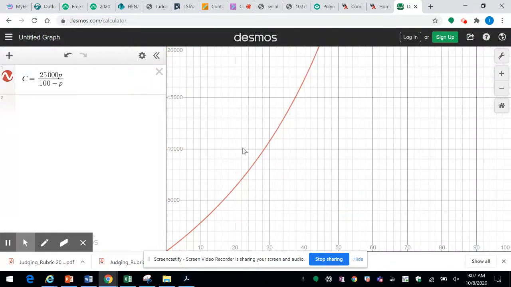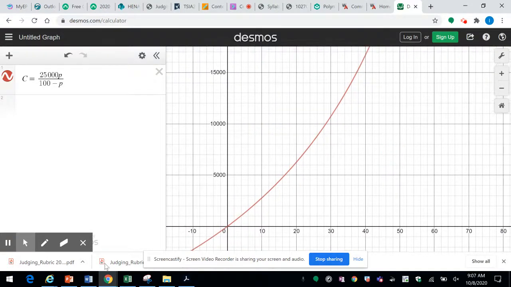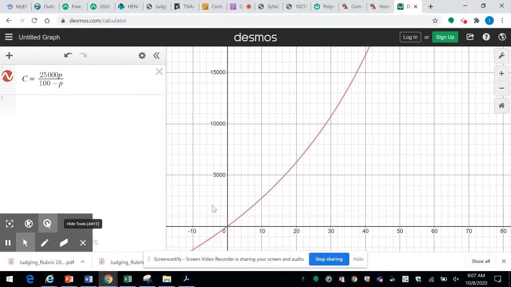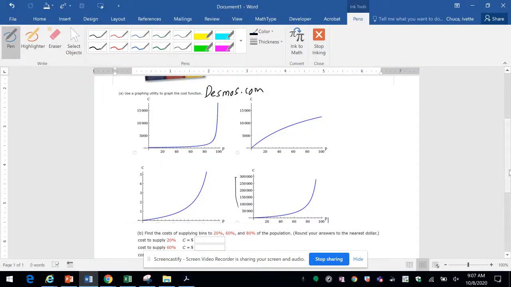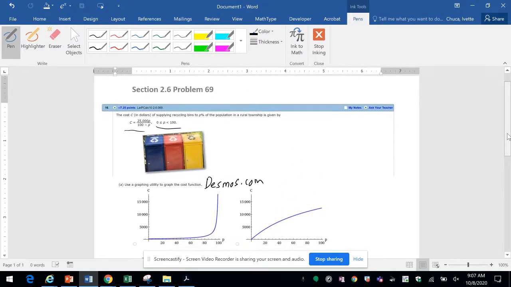And as you can see now, I have a graph that looks more like the choices that they gave me here. Okay. So we need to try to figure out which graph this is going to be. And let me make sure that I copied the problem right. So we had 25,000p divided by 100 minus p.